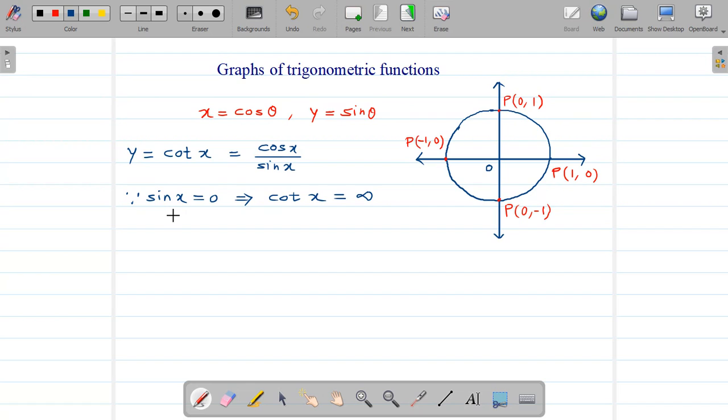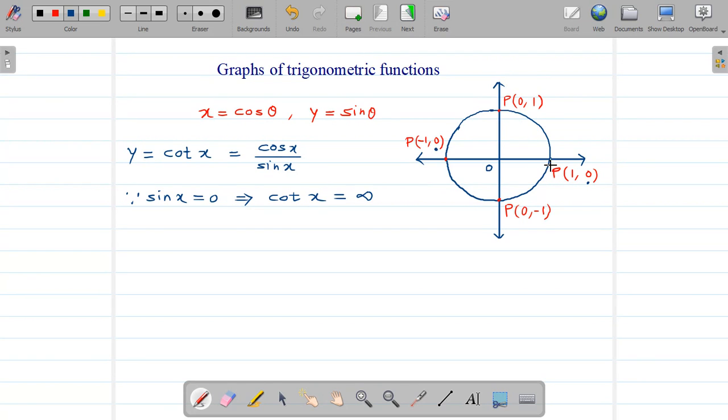Now we will find all possible angles where sin x is equal to 0. As per this standard unit circle, we know that the value of the y coordinate is nothing but the value of the sine ratio. Here the y coordinate is 0, and here also it is 0.